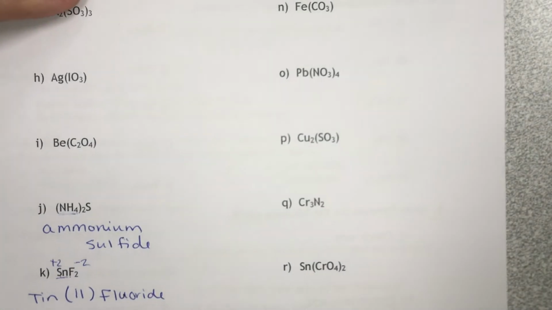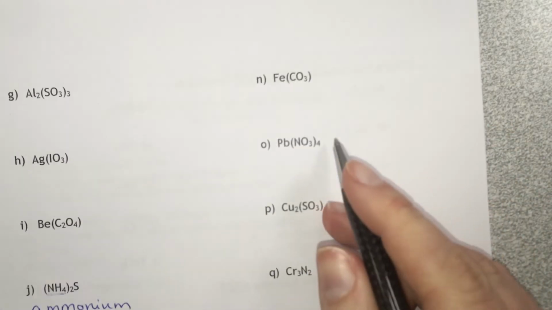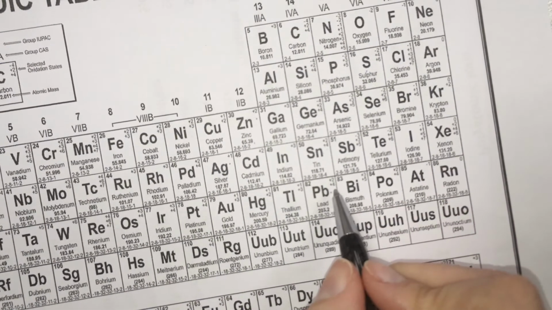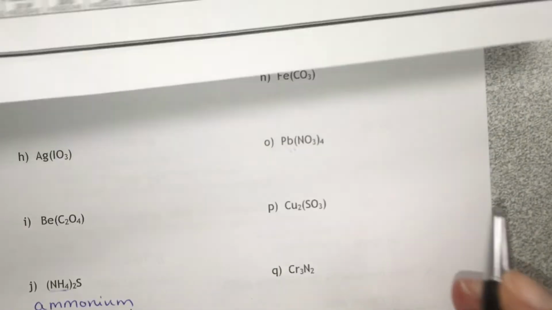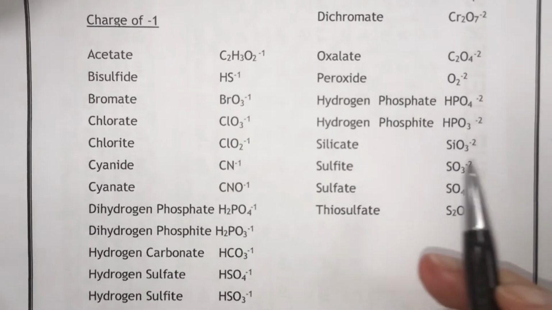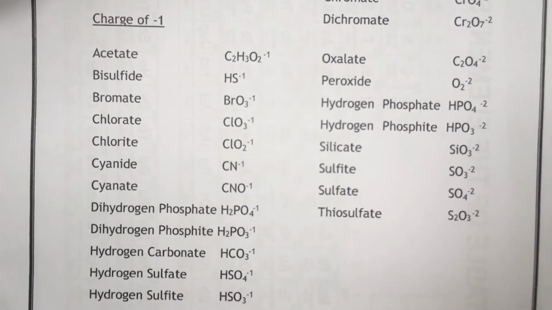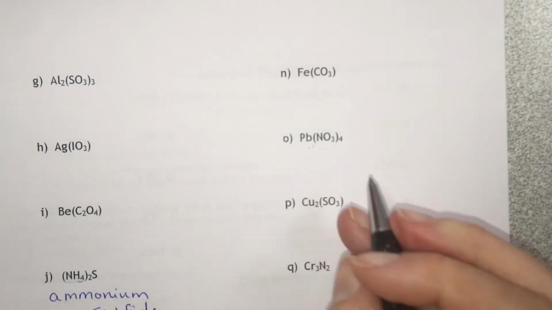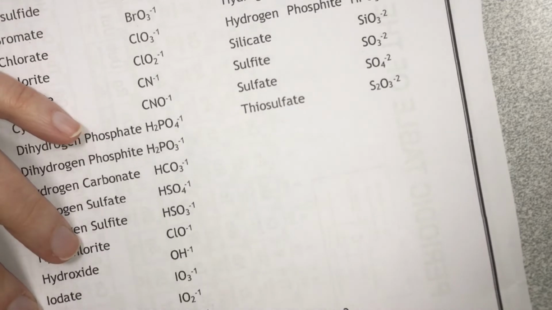Okay, let's do a few more and then we're just going to move on. Let's do lead. Lead, I know, is a multiple charge bearing atom. Lead can be +2 or +4. So let's look at what this one is. NO3, we have to find that on the periodic table. Down here. So NO3 is nitrate. Oh, I forgot to look at what charge it was. -1 charge.